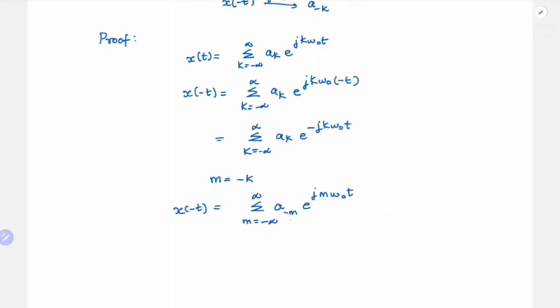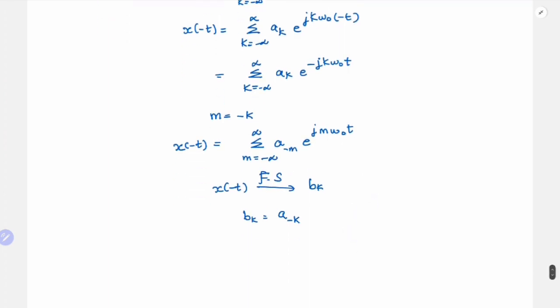You can see this is the form of the Fourier series of x of minus t. So if bk is the Fourier series coefficient of x of minus t, then bk is nothing but a minus k, if I change the variable again. Okay, so this is the proof.